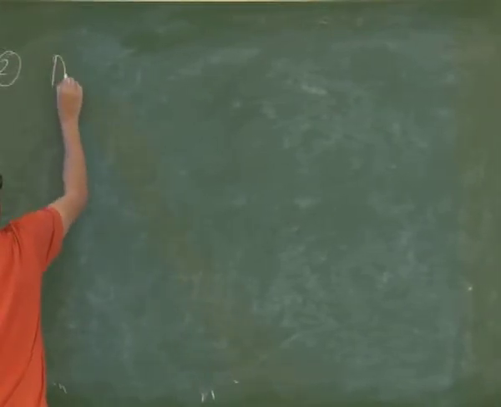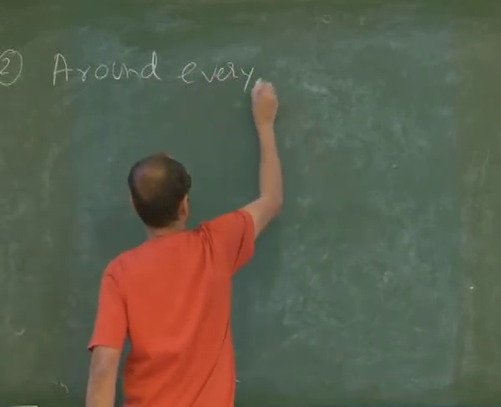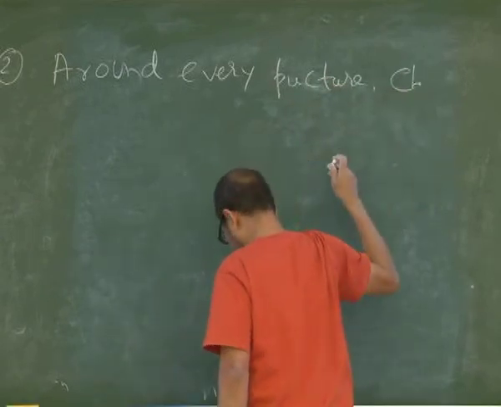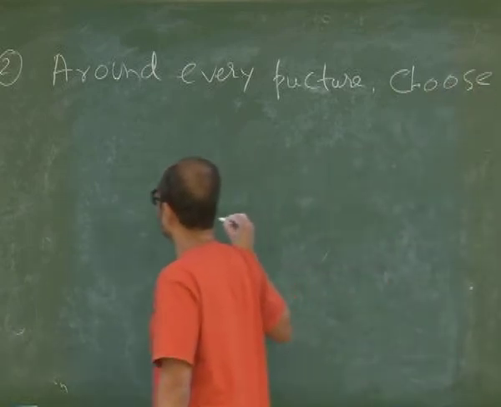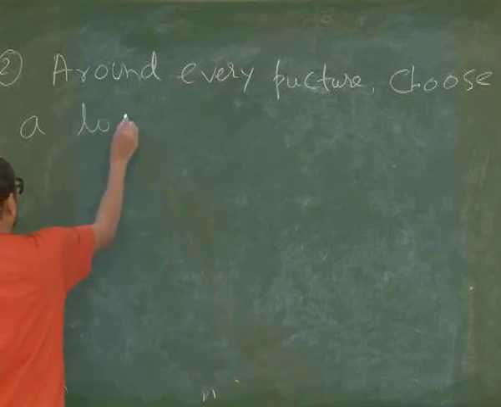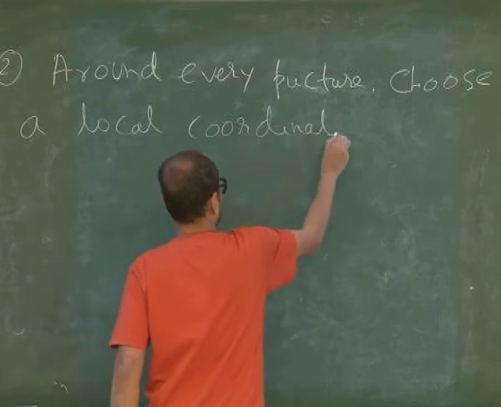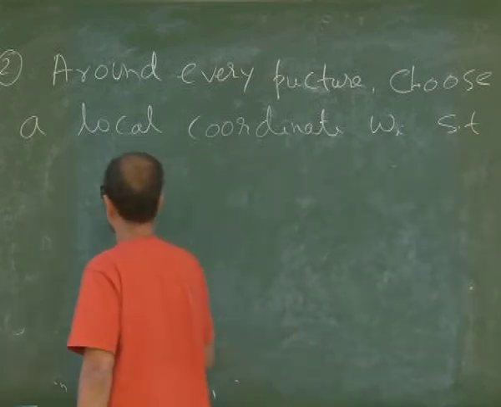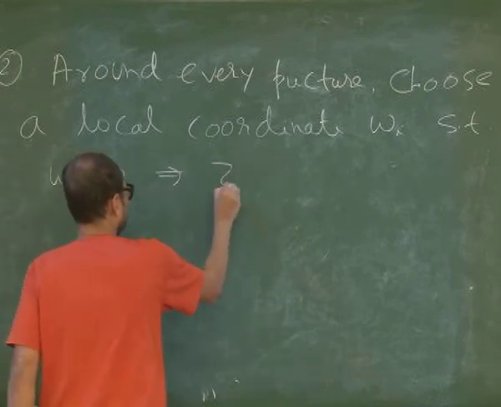The second set of coordinates is that around every puncture, choose a local coordinate w_i such that w_i equal to 0 corresponds to z equal to z_i.